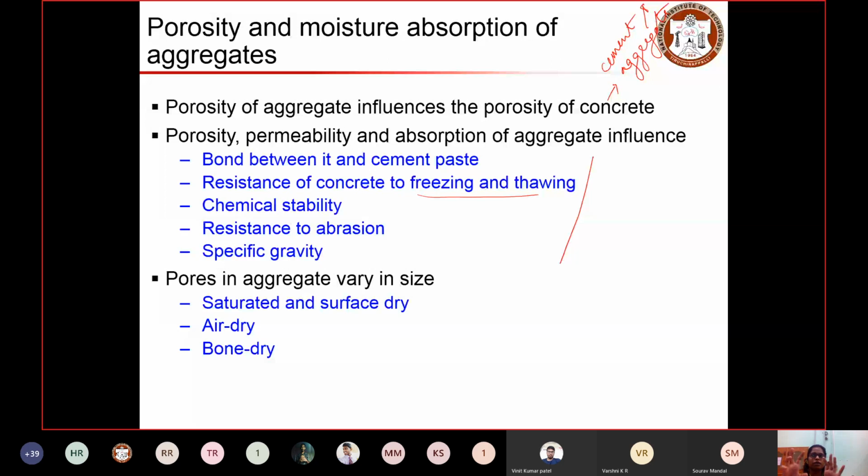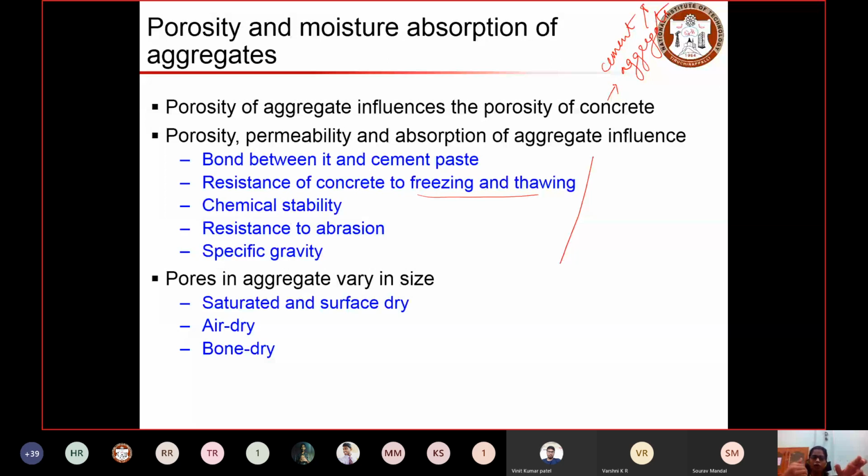For example, if the water cement ratio to be used is 0.4, which is a typical water cement ratio, and we have wet aggregate, we have already fixed some water content to be used for that concrete matrix. And this aggregate has a certain amount of moisture. So if we use that aggregate in the concrete matrix, it contributes additional water.